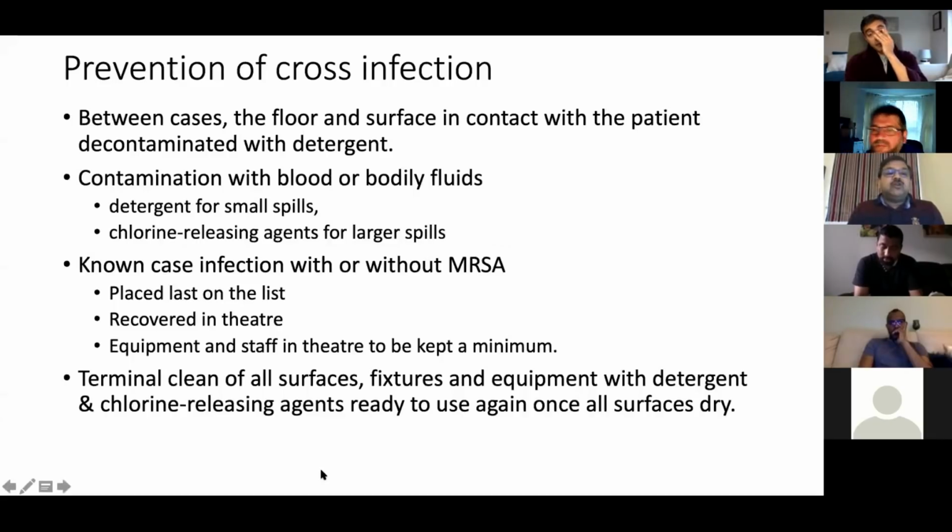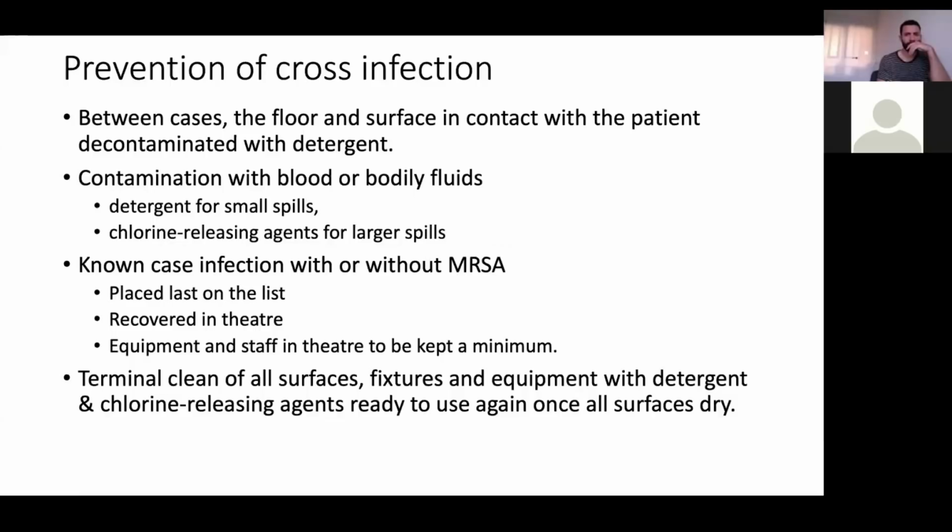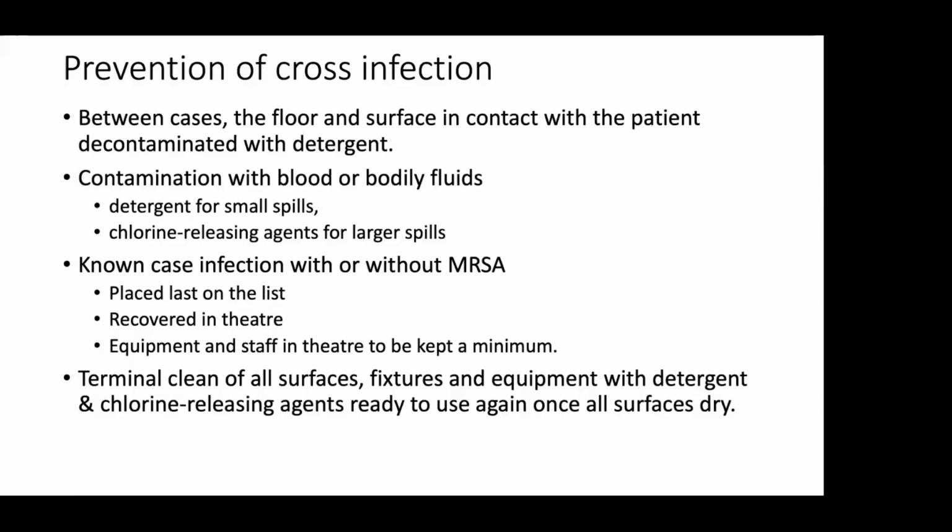Now, prevention of cross-infection. Between cases, the floor and the surfaces in contact with the patient need to be decontaminated with detergents. For contamination with blood or bodily fluids, use detergents for small spills and chlorine releasing agents for larger spills. Known cases with or without MRSA, as is common sense, are placed last on the list.